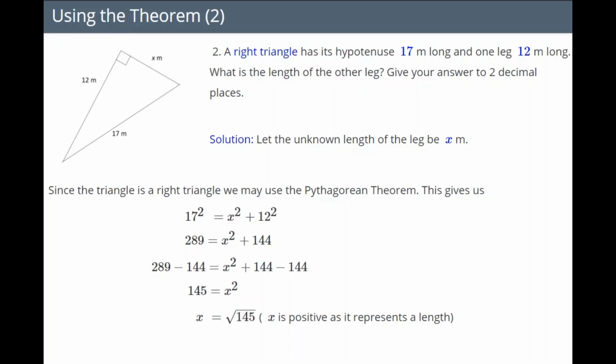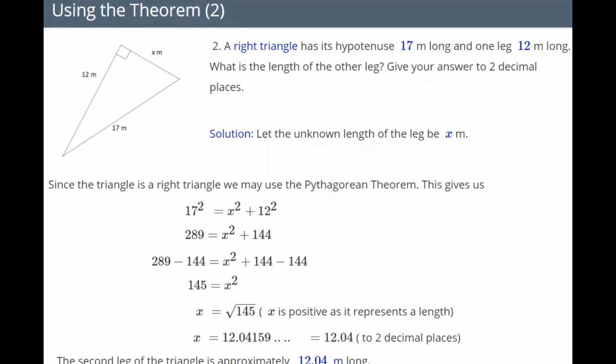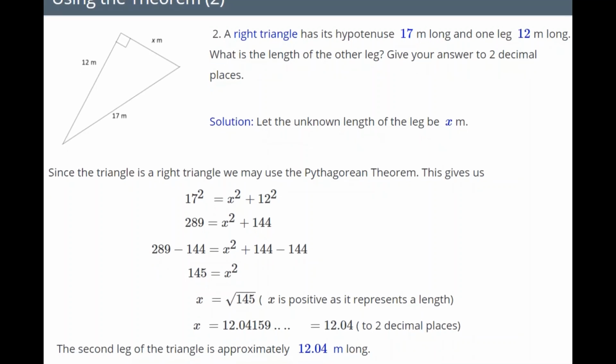We know that x is positive because it represents a length. That by the calculator gives x equals 12.04159 and so on, and rounds off to 12.04. So the second leg of the triangle is approximately 12.04 metres long. The triangle is almost isosceles, but not quite.